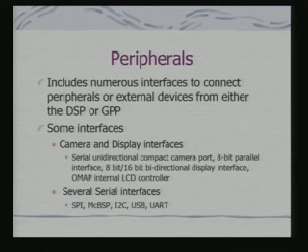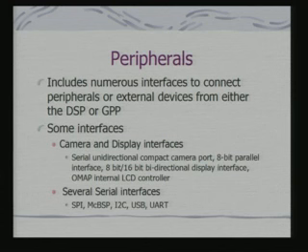Also, there are several serial interfaces: SPI, McBSP, I2C, USB, UART. McBSP we have already seen, and through these interfaces various devices can now be connected to OMAP. In fact, if you are thinking of using your OMAP processor, this one, as a core processor in a cell phone for data and voice communication, you will require a modem.